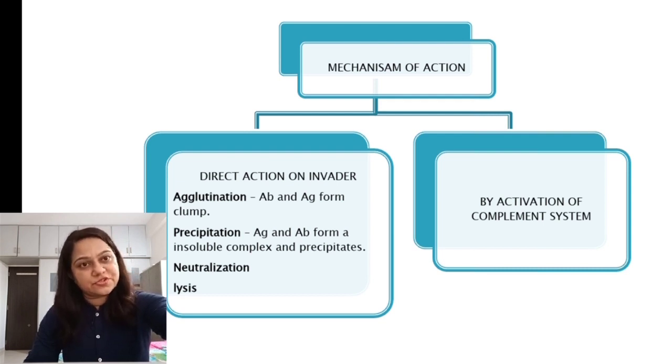Then precipitation, where antigen and antibody form an insoluble complex and precipitate. Neutralization, where antibody makes circulating antigen ineffective, or lysis of the cell. The other way is by activation of the complement system.